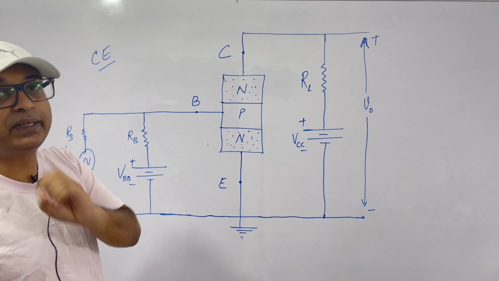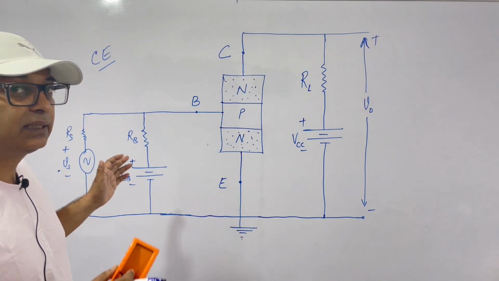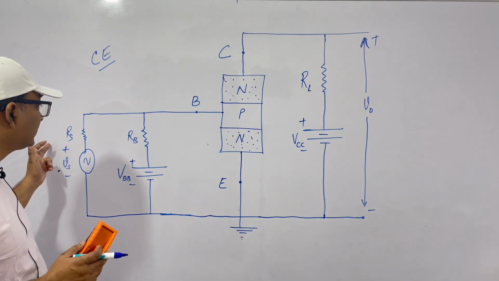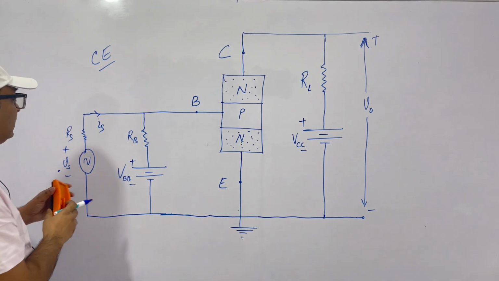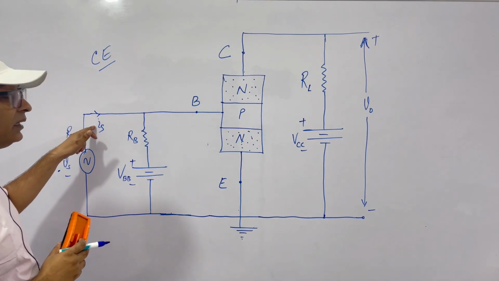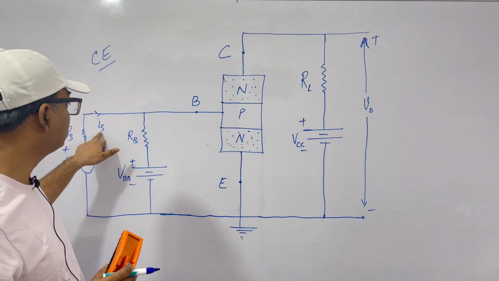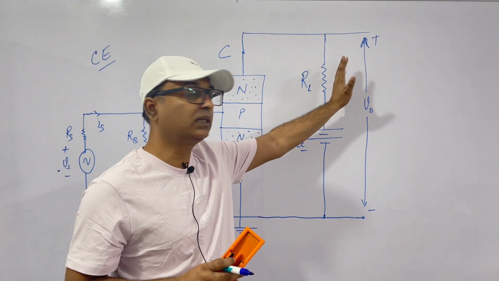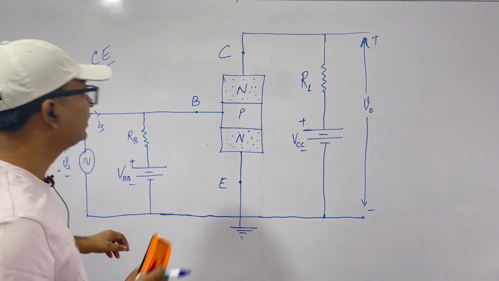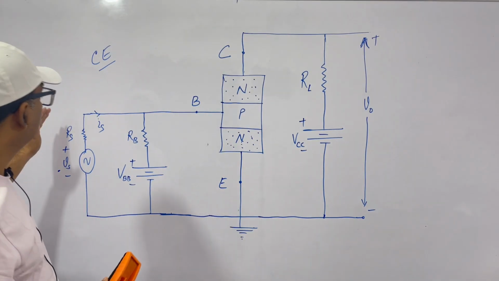Why are transistors used in CE configurations? Mainly for amplification. What is amplification? Amplification is amplification of current. If this source is generating a current IS, then we want an amplified version of this current at the output, that is across the load.